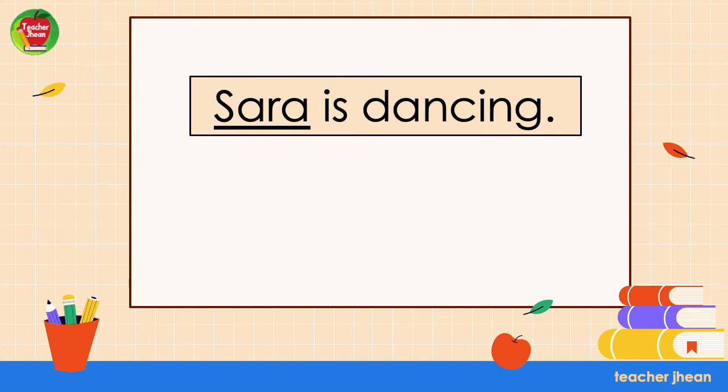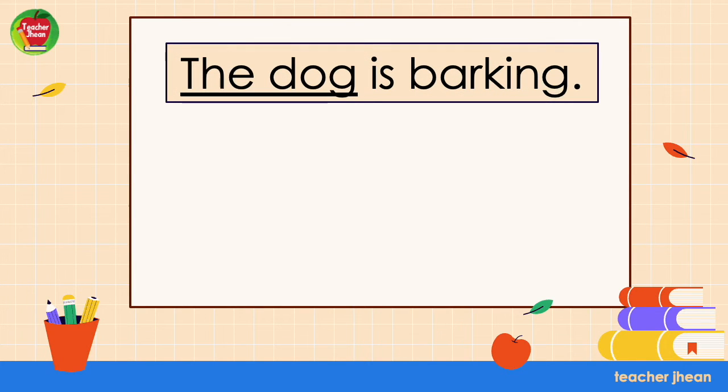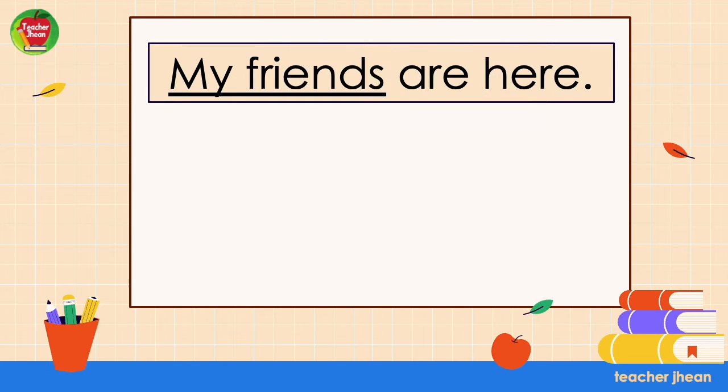Number 1. Sarah is dancing. You're right. She. Number 2. The dog is barking. Correct. It. Number 3. My friends are here. You're right.